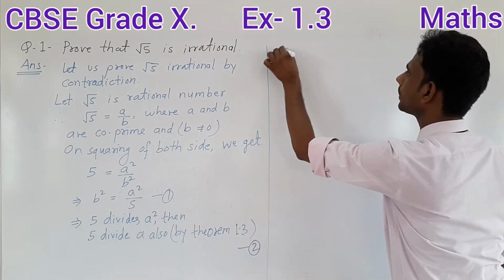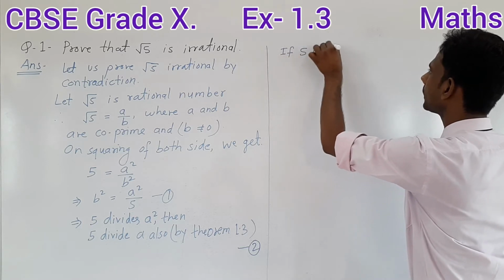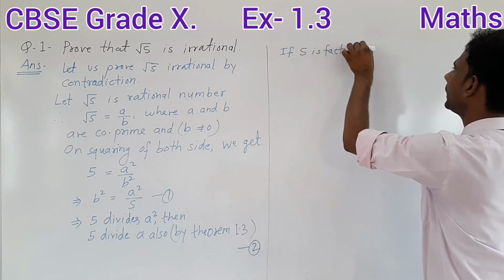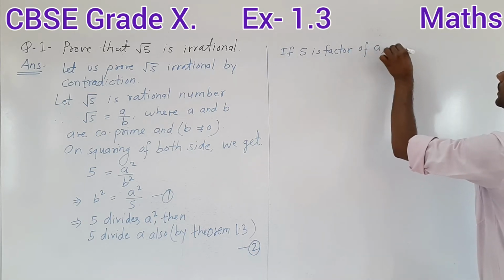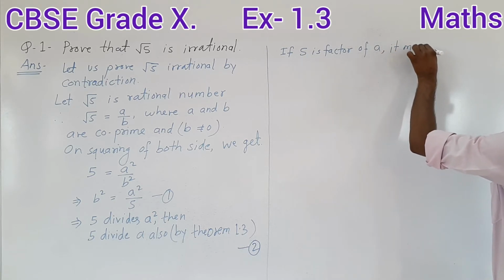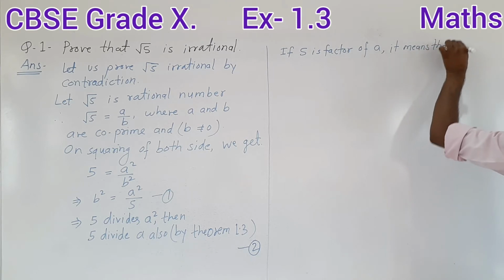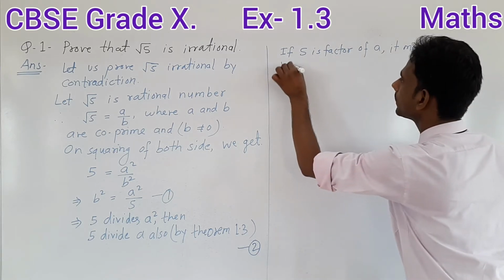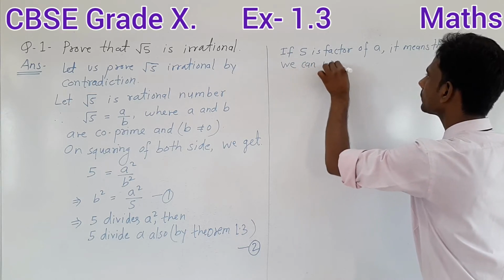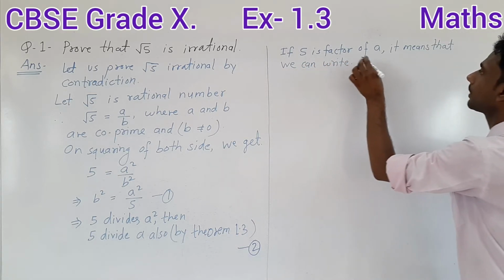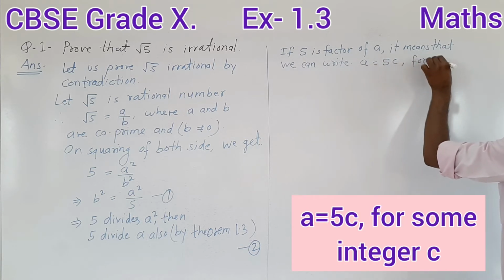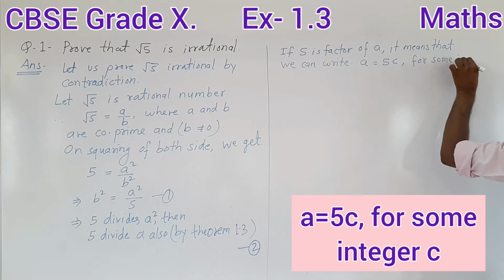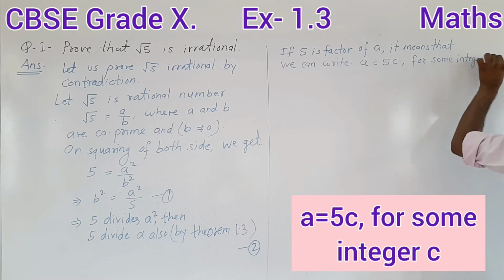If 5 is a factor of a, it means that we can write a equal to 5c for some integer c.